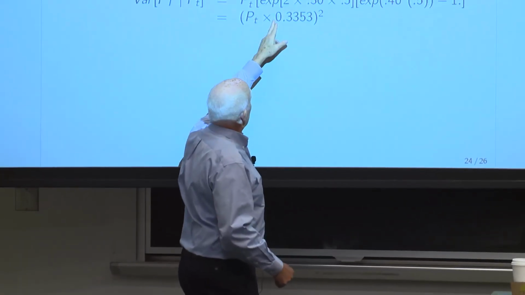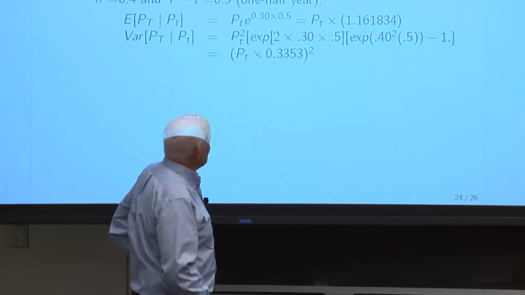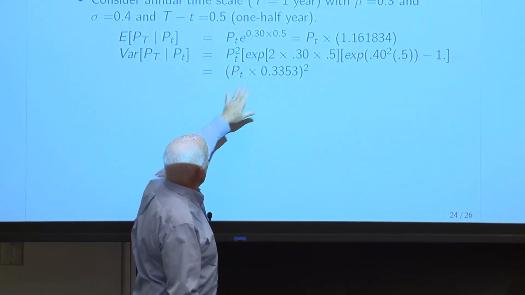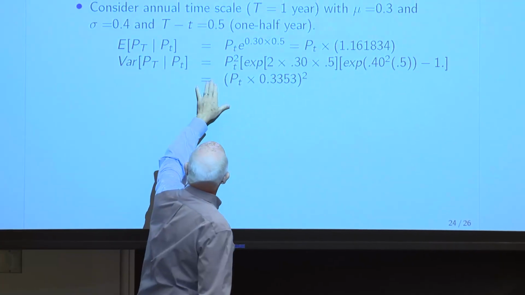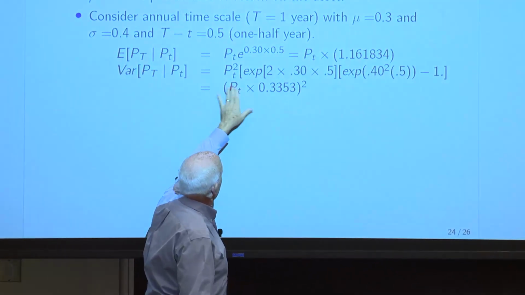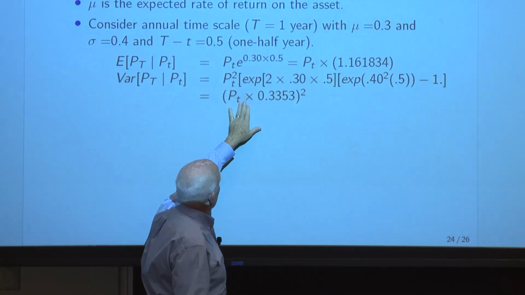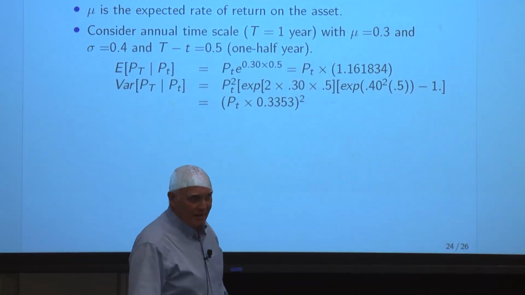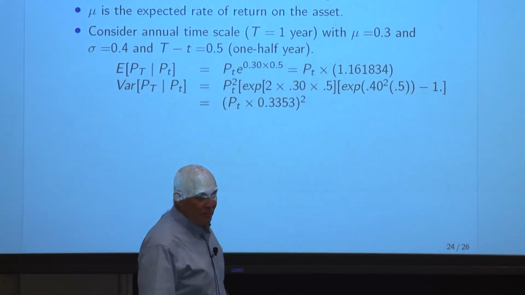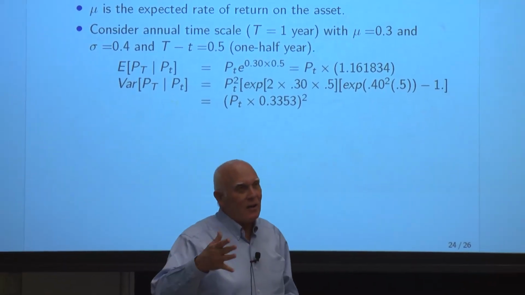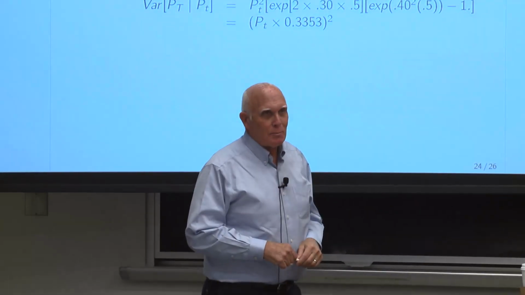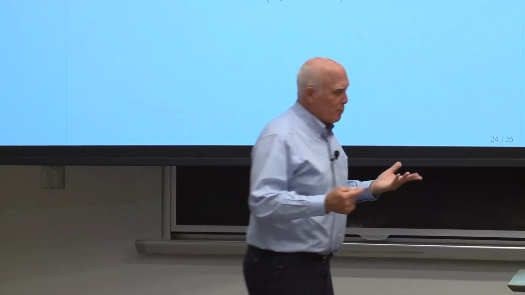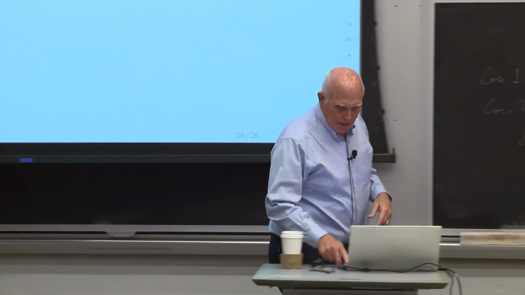And similarly, for the volatility of this price, it turns out that the variance of the price at time capital T is 0.335 squared times the square of P_t. So the variance is also a bit higher than you might expect if you just naively interpreted the mu and sigma as appropriate annualized values.